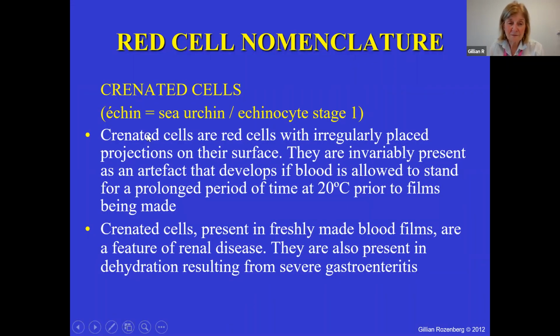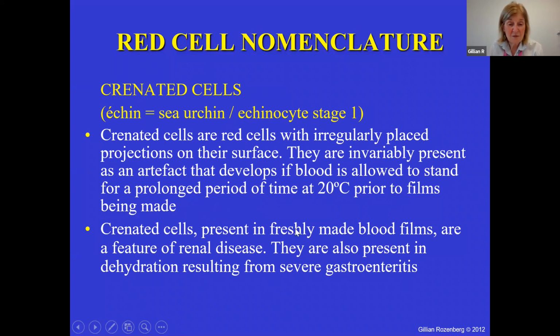Crenated cells. Crenated cells are red cells with irregularly placed projections on their surface. They are invariably present as an artifact that develops if blood is allowed to stand for a prolonged period of time at 20 degrees C prior to the blood films being made.